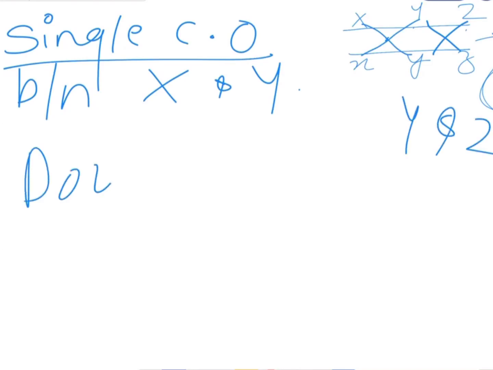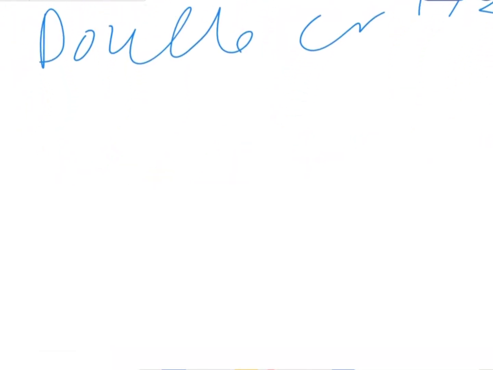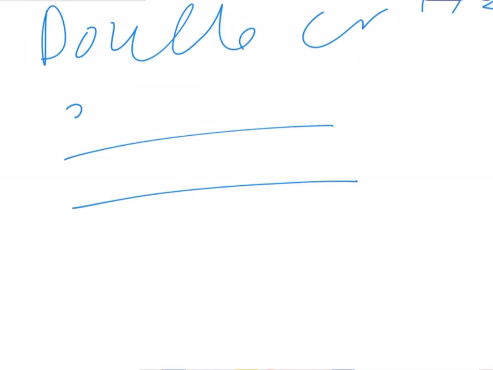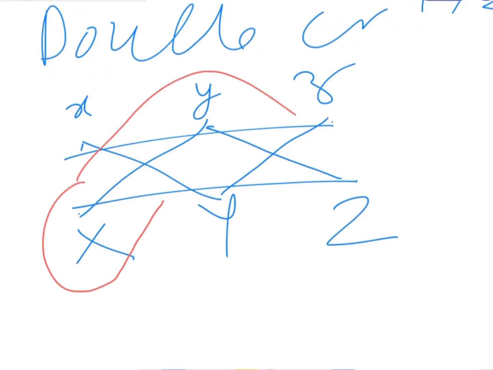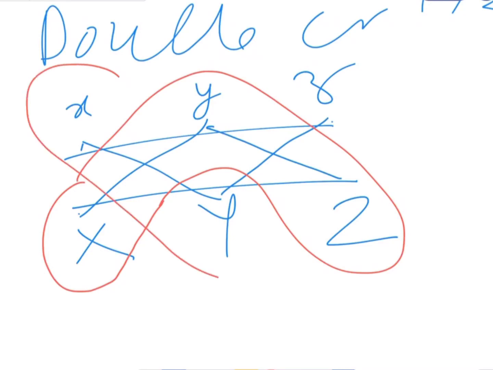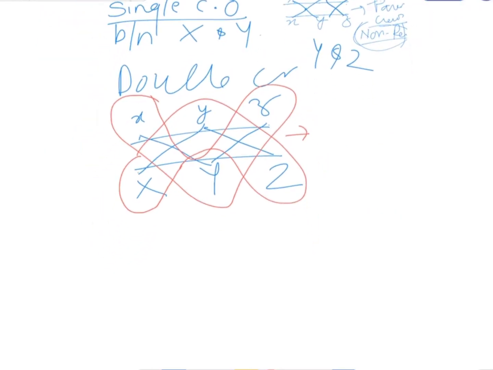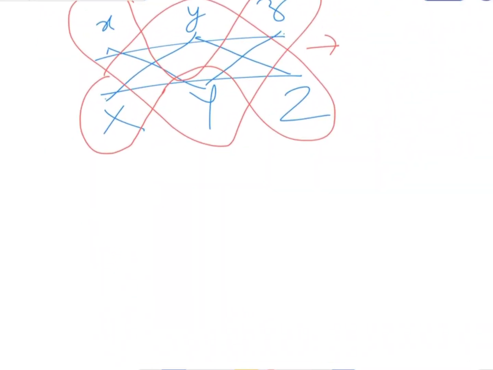Now what is double crossover? Double crossover means this is the chromosome X, Y, Z, and x, y, z. These are the genes located on the chromosomes, and the crossing over occurs between X and Y and between Y and Z both. So the combinations that we get are of this type: capital X, small y, capital Z. The parental sequence was this.